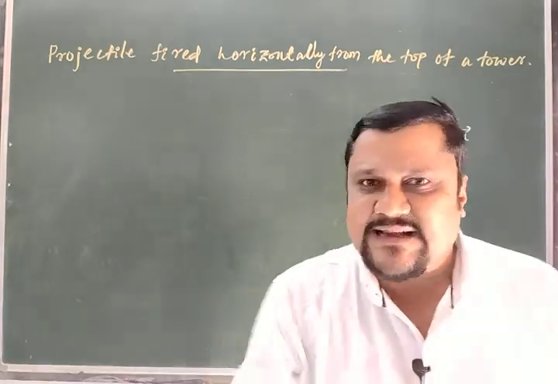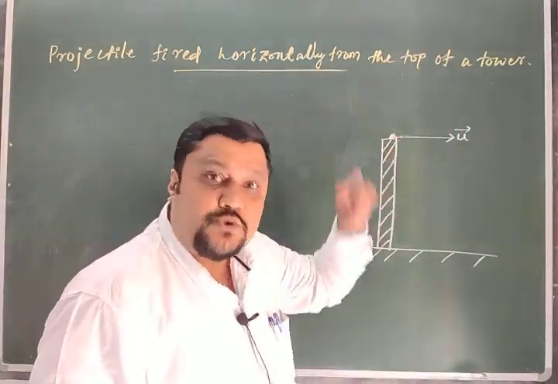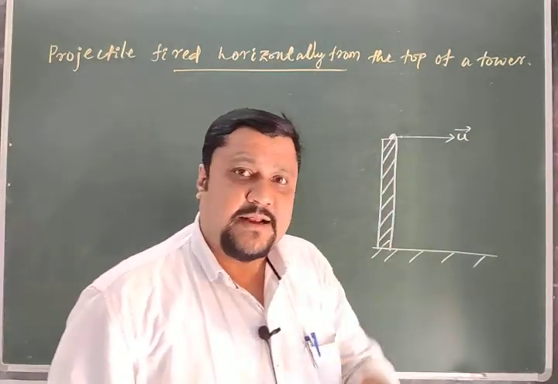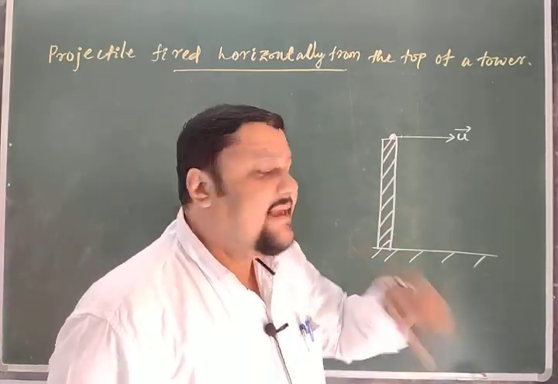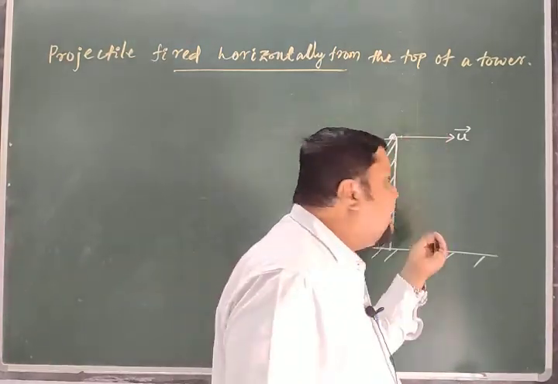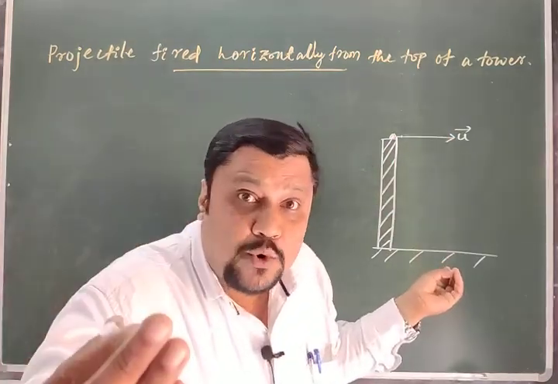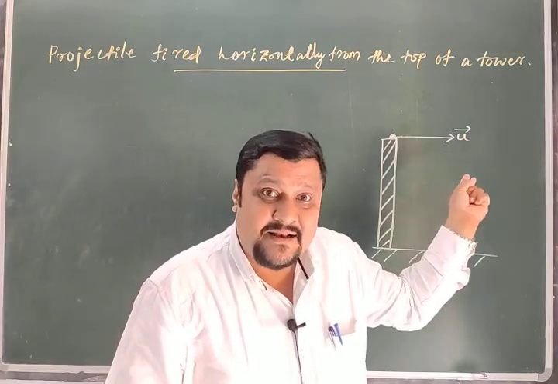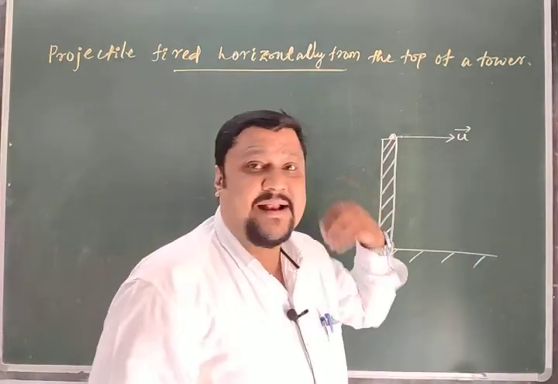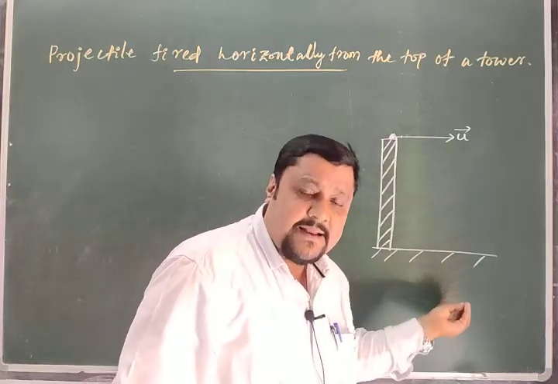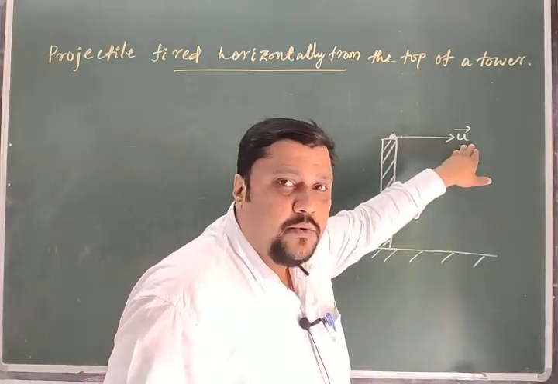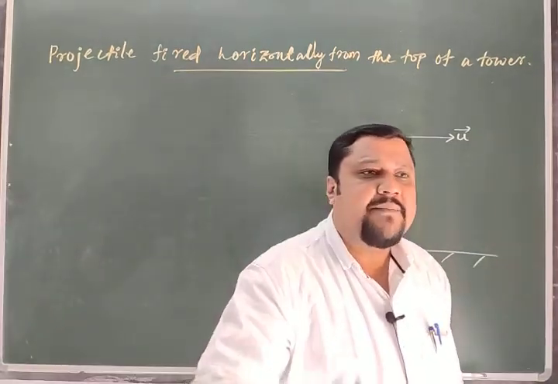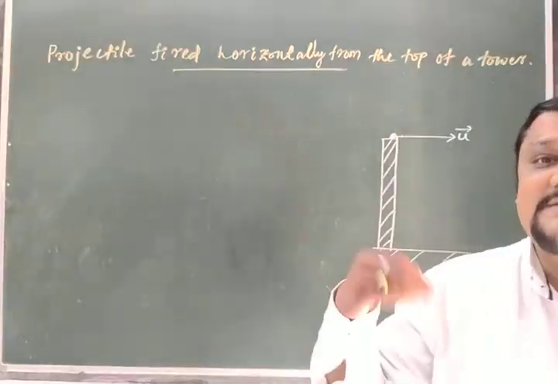Now you have given a velocity u horizontally, that is one motion. The other one is the vertical force, the force of gravity, which gives an acceleration along the vertical direction, downward. Horizontally the motion is u, and vertically the acceleration is due to gravity, g.